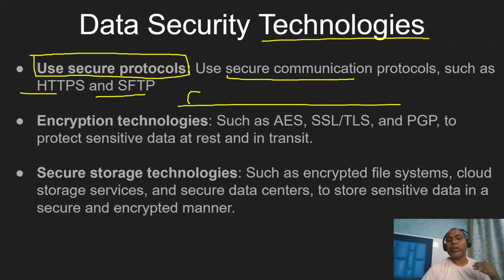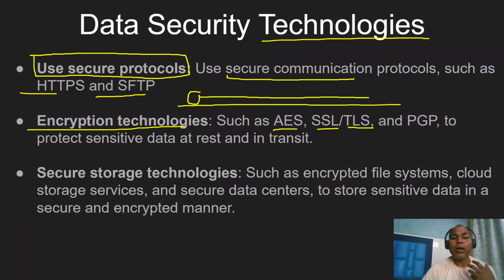Whatever data or message you are transferring from user to server or server to user, always ensure that you apply encryption technology, like SSL-level security and TLS-level security. Lots of encryption technology is available to protect your data.